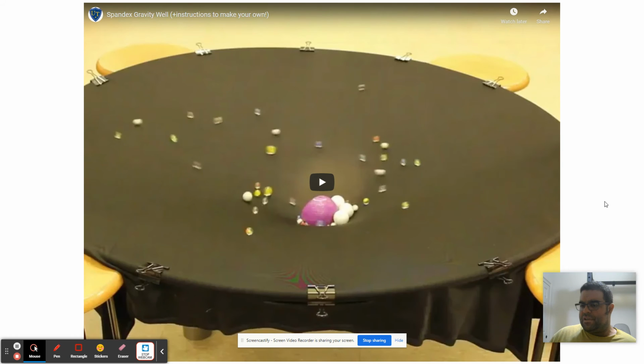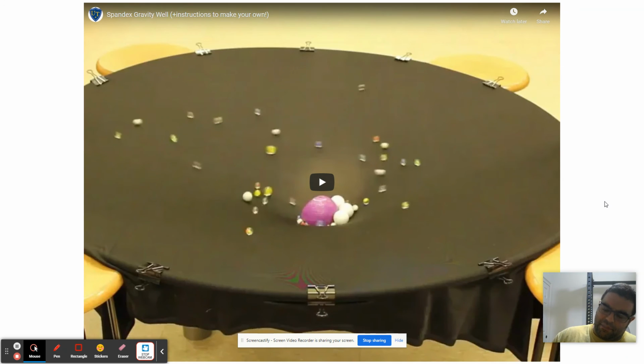So building something like this would be very nice, especially building it as a class, or making groups and having the students build their own planet system, orbital system.